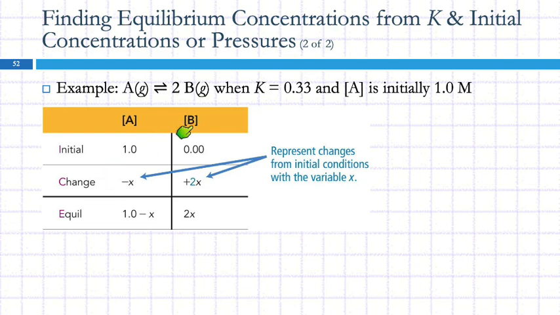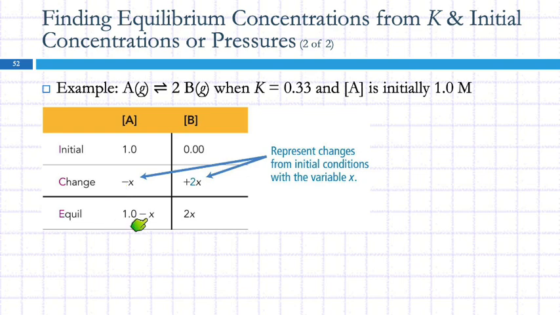How is B going to change? Well, it's going to go up, and we need to look at the stoichiometry here. We get 2 B's for every A that reacts. So this is going to go up by 2X. And this 2 is that 2. Then we take these rows and add them.